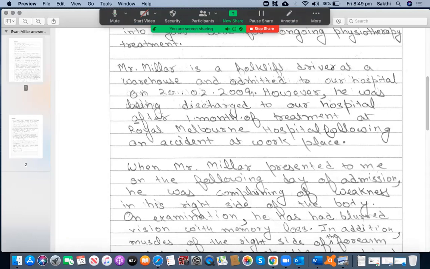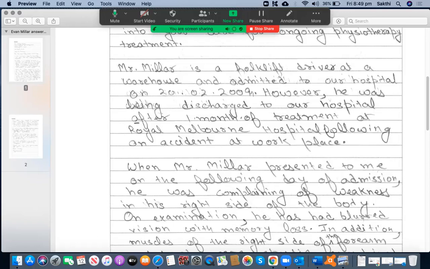However, he was being discharged to our hospital after 1 month of treatment at Royal Melbourne Hospital following an accident at workplace. So what he has written down here is Mr. Millar is a forklift driver at a warehouse and was admitted to our hospital on 20/02/2009.